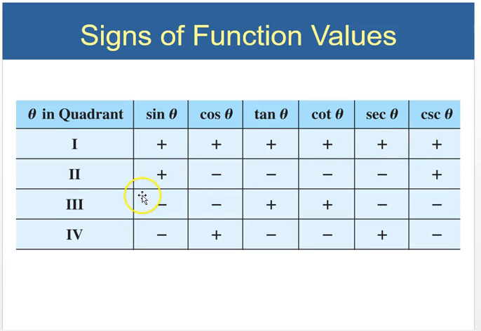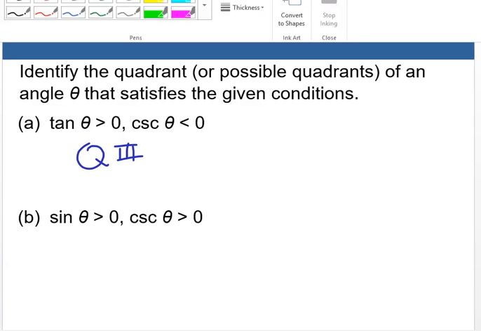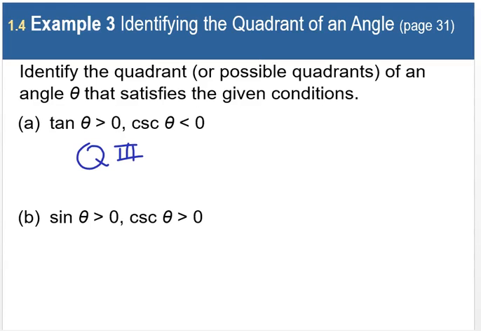And then the other one, where sine and cosecant are positive, is in quadrant 2. So this one actually has two answers, quadrant 1 and quadrant 2. And that's our answer for that one.